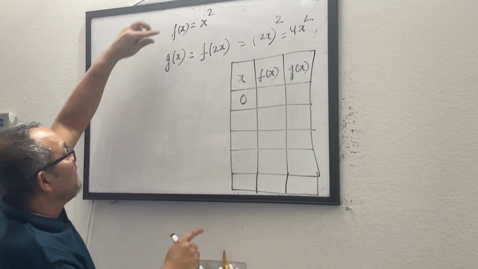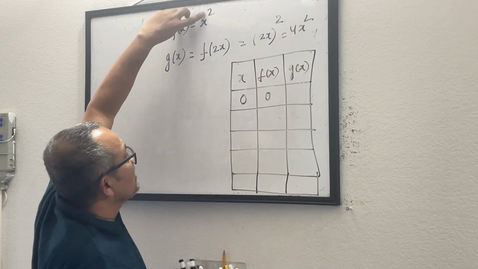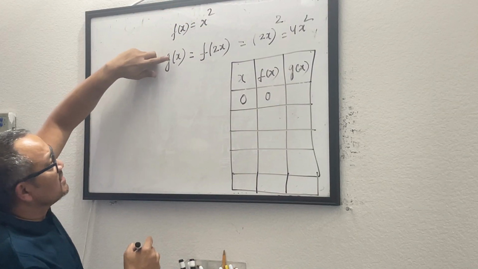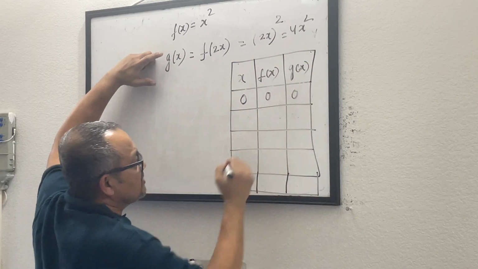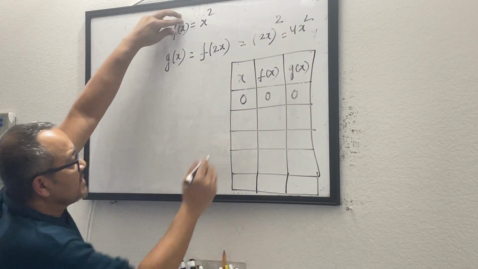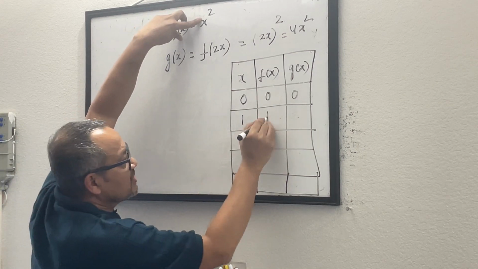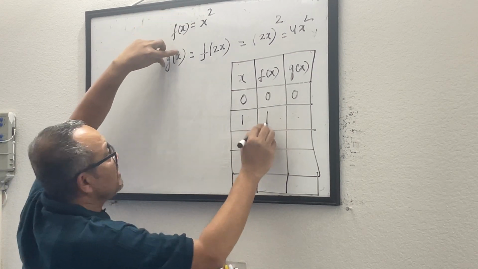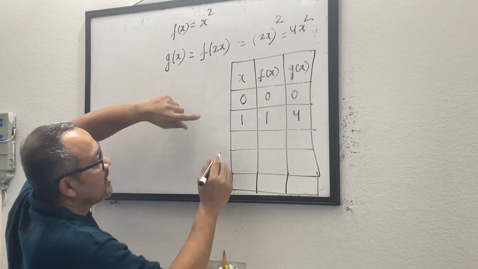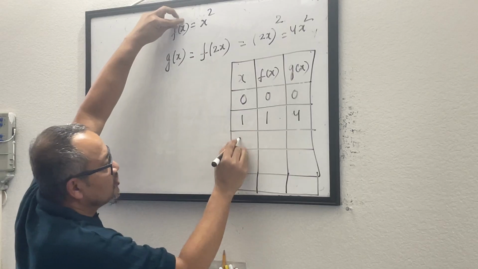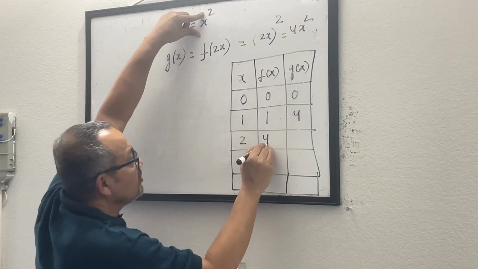Now let's see. When x is 0, f of x will be 0 squared, that will be 0. Here, when x is 0, g of x will be 4x squared, so 4 times 0, again this will be 0 only. Now when x is 1, f of x will be 1 squared, that is 1. g of x will be 4 times 1 squared, that will be 4. When x is 2, f of x will be 2 squared, that will be 4.